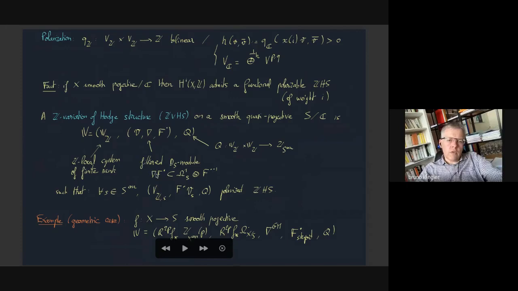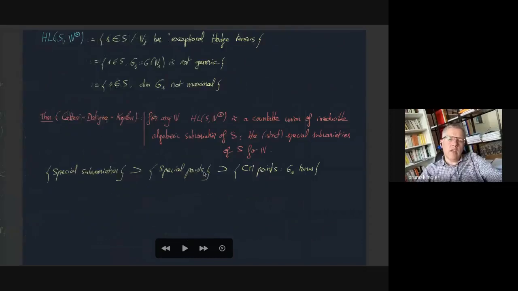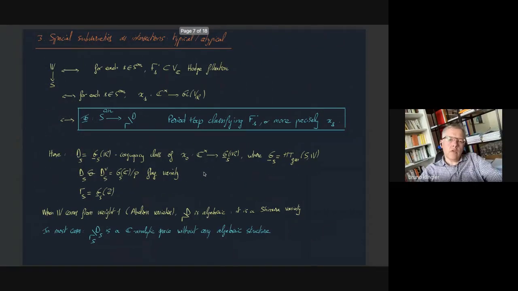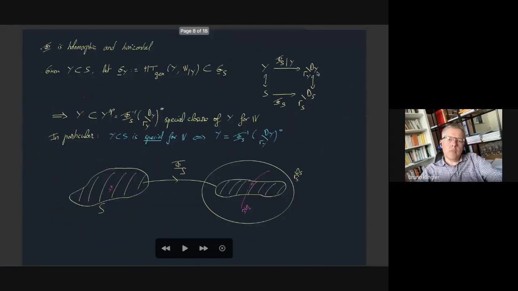It has to shift the Hodge filtration by at most 1. So the differential of the period map, which is exactly describing how the Hodge filtration is varying, is very constrained. It has to lie, in fact, in a very special subtangent space of the tangent bundle of D mod gamma. All right.